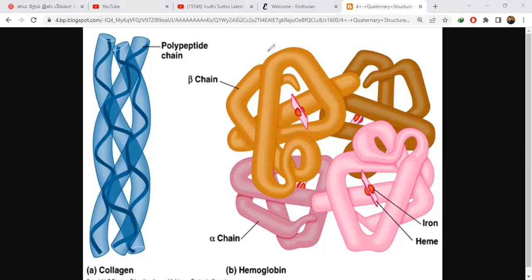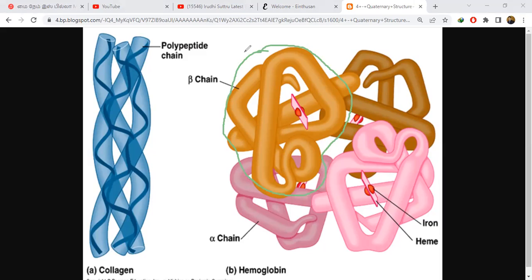If you take one component here, this one component is called one subunit. So every polypeptide component making the quaternary structure is called a subunit.